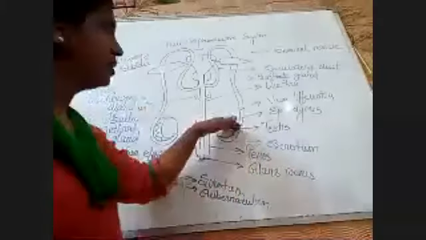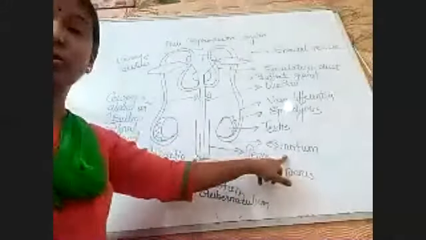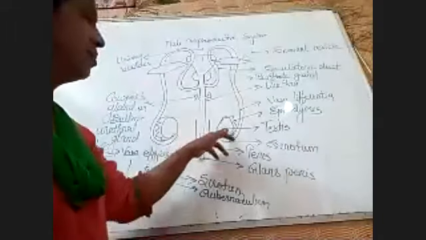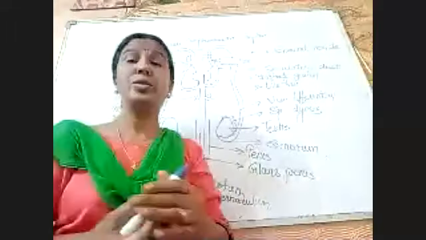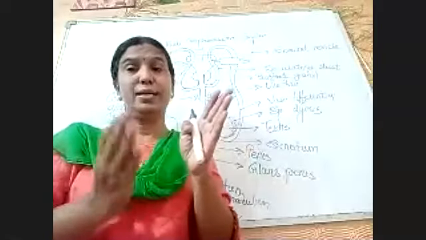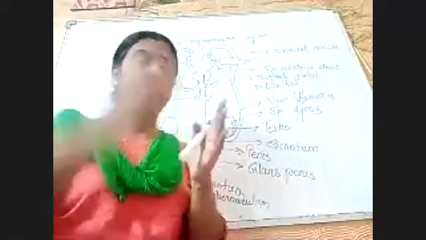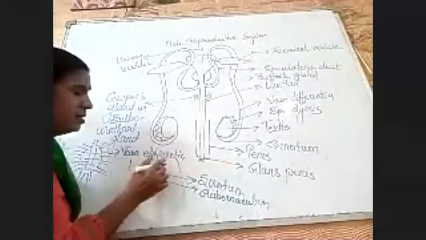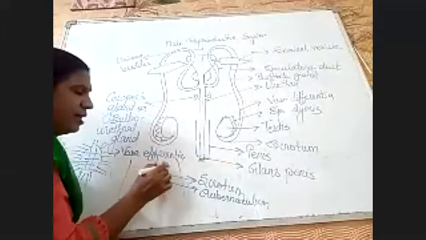This part is present in the scrotum, which is outside the abdomen. But from here, the vas deferens will ascend upward. You see, in between the thighs, one inguinal canal is present.